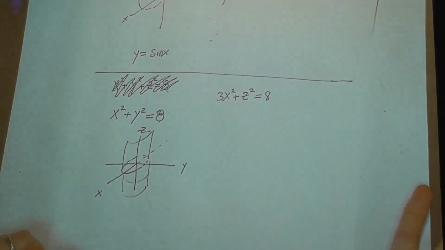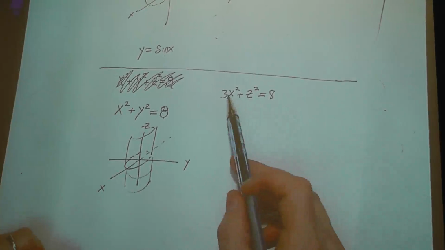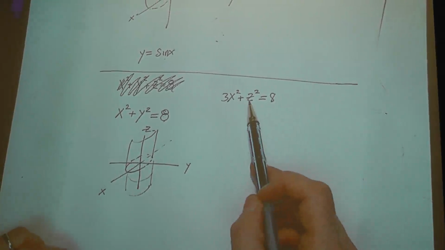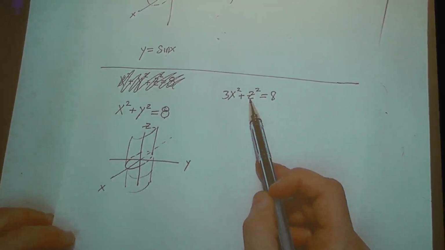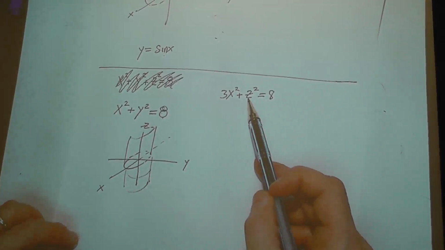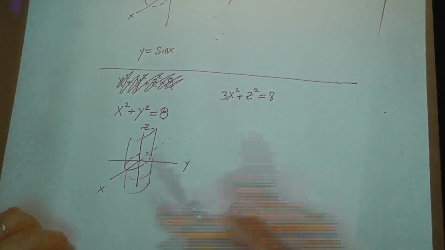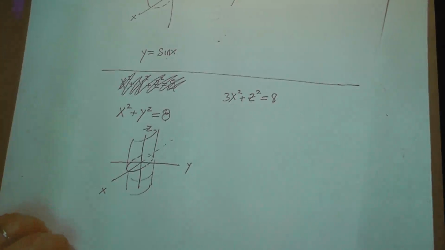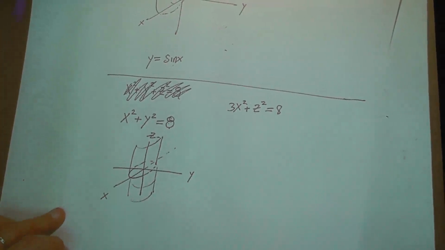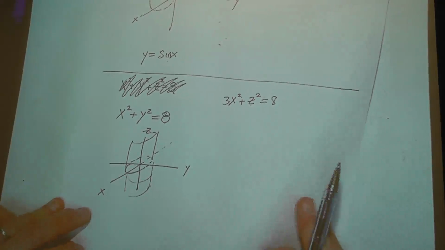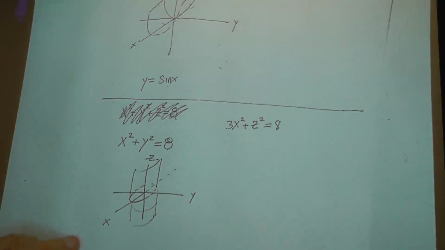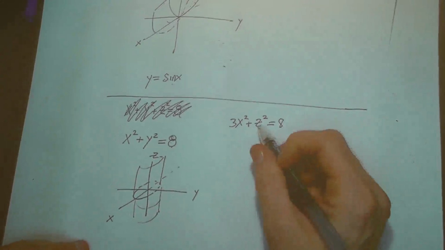Okay, formally it's not a cylinder because of these coefficients not being the same, but it's an elliptical cylinder, or a cylindrical, I don't know. You know, the book is going to give all these cutesy names to them. I will never ask you what the names are. But this does give you a cylinder.